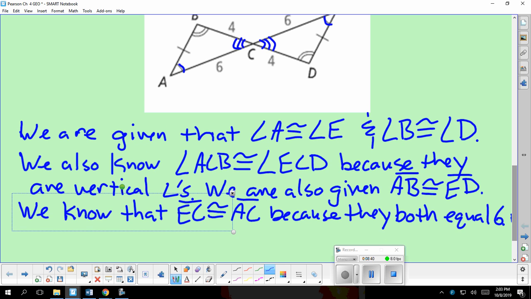BC is congruent to DC, because they both equal 4.